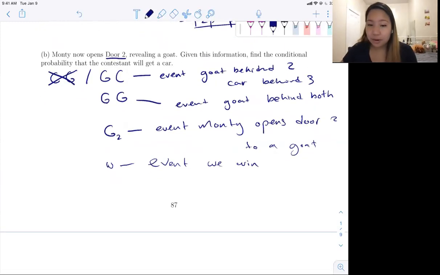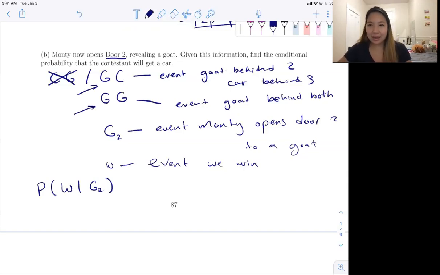Okay, so what we're looking for is the probability that we win given G2 happened. Since there's a few different things that could happen, and there's a clear partition here, I want to do the law of total probability.